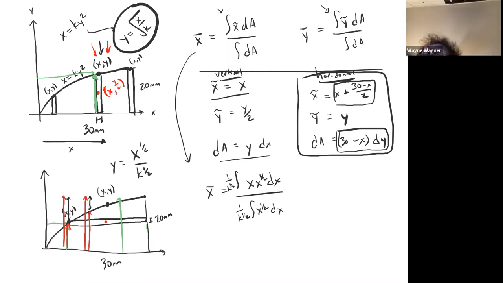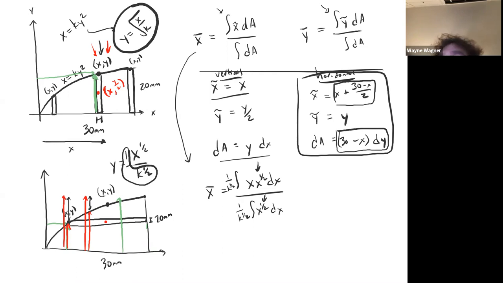Go ahead, Hannah. I was saying I understand. Okay. So then I'm plugging those in for where we had a y. So we had a y right here. And so what I did is this 1 over k to the 1/2. Okay, I said k is just some number. We just don't know what the number is. We could figure out what it is, but I'm not too worried about it right now.